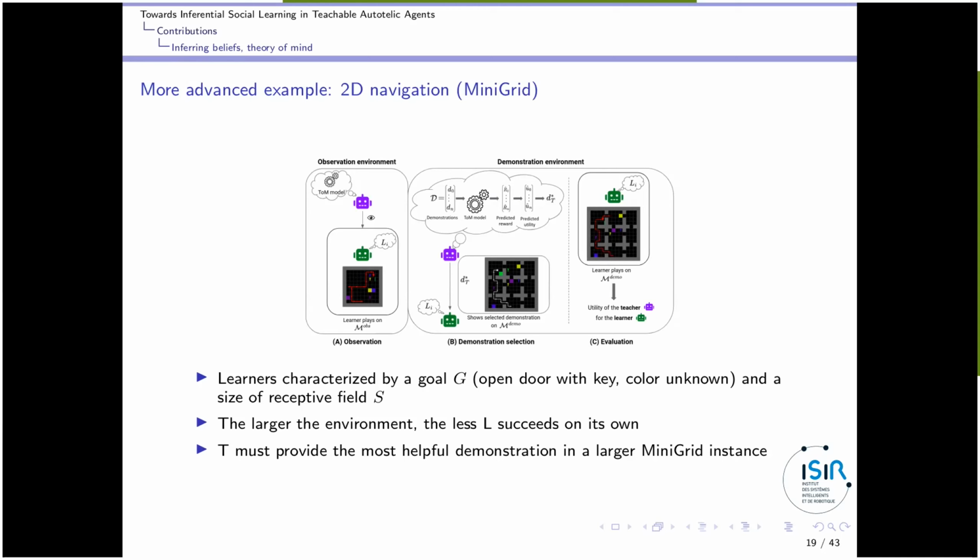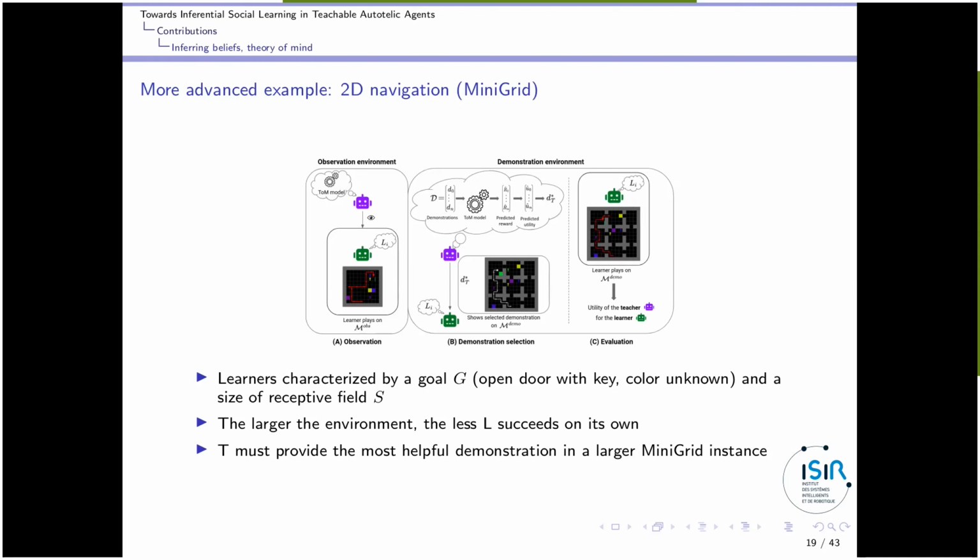In that particular case, having a belief is important because in the beginning, the learner does not know the position of the keys and the doors, so it has to explore. And the teacher will select the demonstration that will help the learner determine where is the key and the door that he is looking for as efficiently as possible.